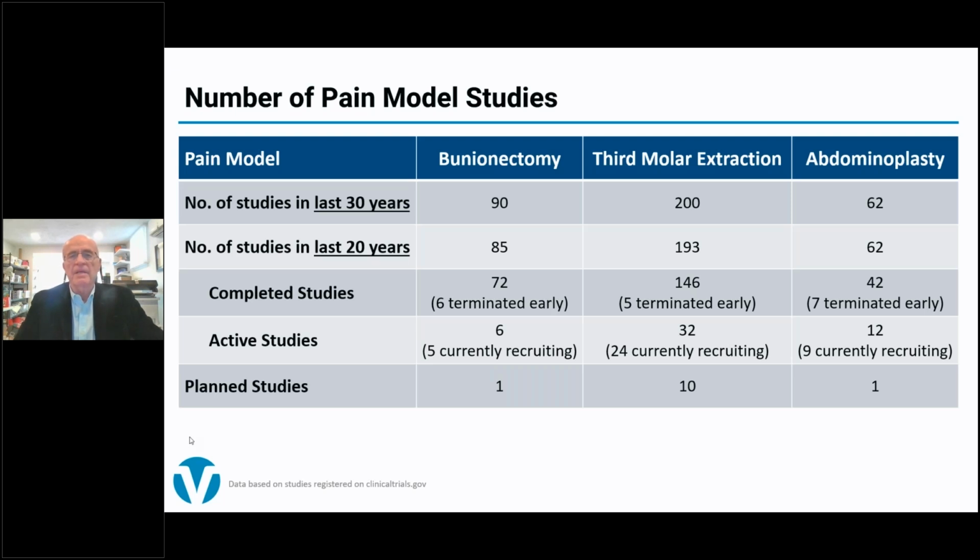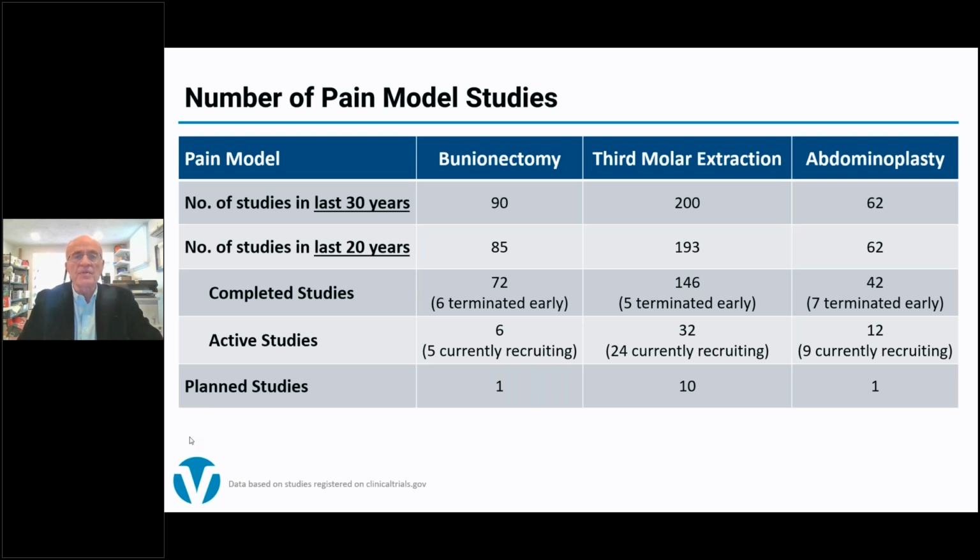The bunionectomy and the third molar extraction are hard tissue, and abdominoplasty is the soft tissue. There are other soft tissue and hard tissue models, but these are the three most common that are used. You can see that there have been quite a few of these over the last 20 to 30 years, and still quite a few are under use today.